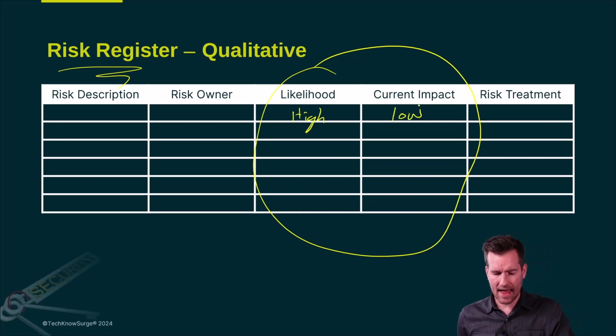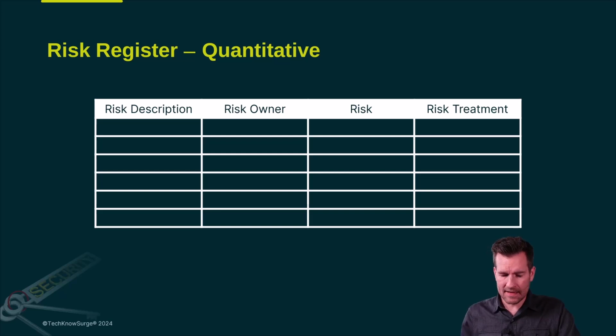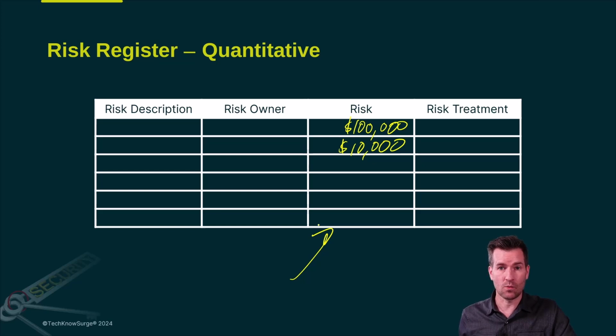If it was quantitative, now we have dollar amounts associated with these risks. For instance, maybe this one is a $100,000 risk, or maybe this one is a $10,000 risk. So we'd actually have dollar amounts associated with the risk.